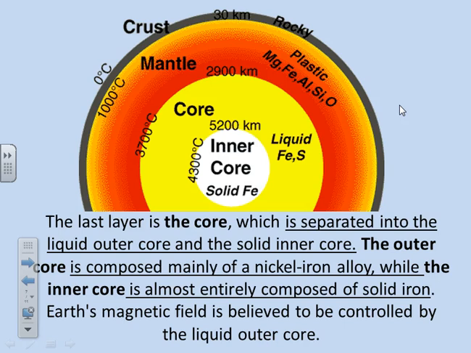And you will need to know what the inner and outer core are made of for your unit test. And you will also need to know which one is solid and which one is liquid.